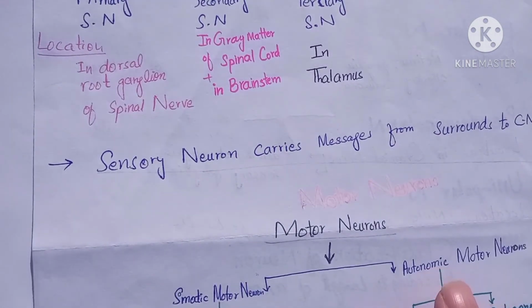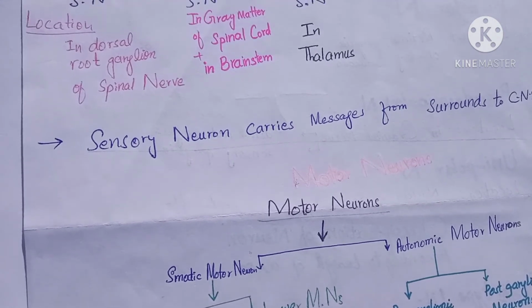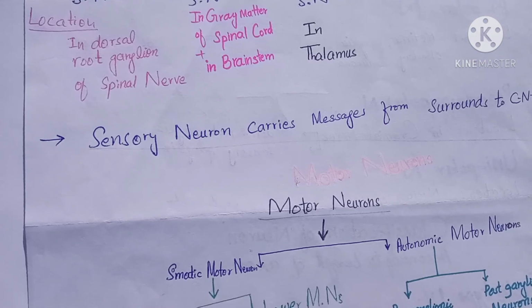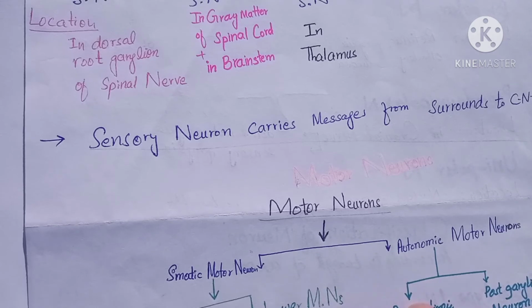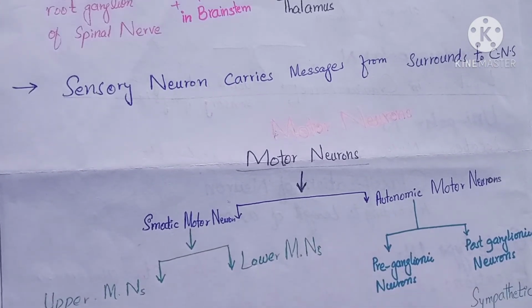The second is motor neurons. The motor neurons take the message, the motor action performed by the CNS in the motor area of the brain, and bring it to the surroundings. They are also of two types: somatic motor neuron and autonomic motor neuron.